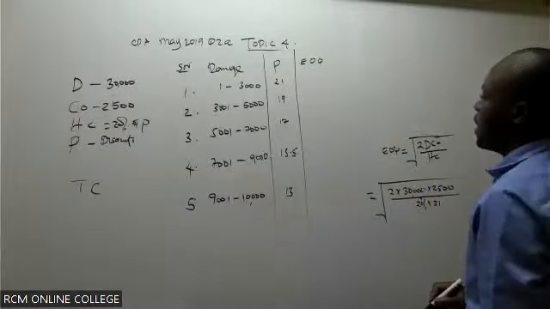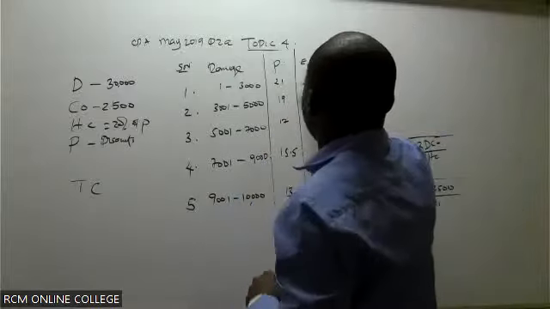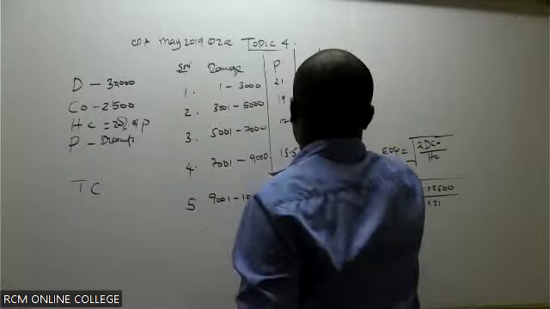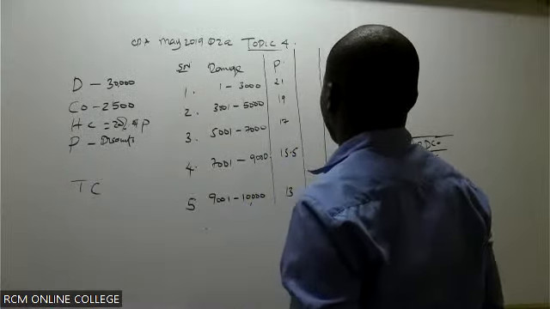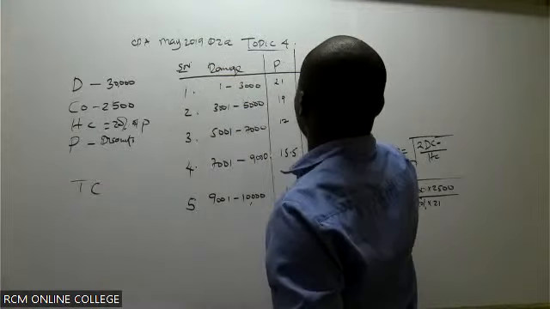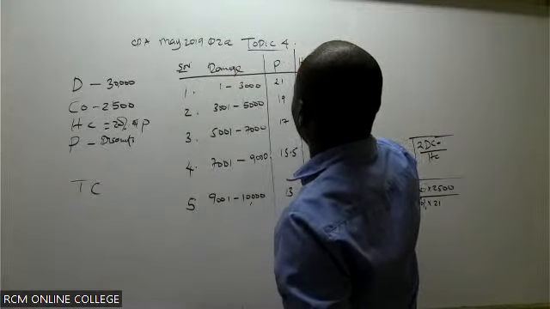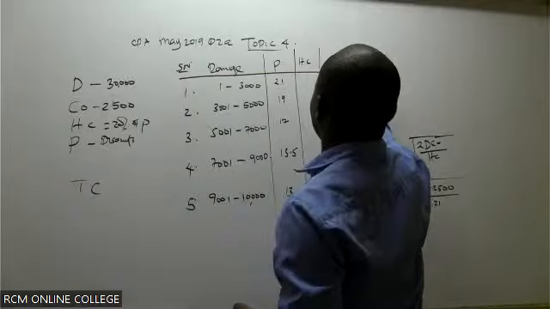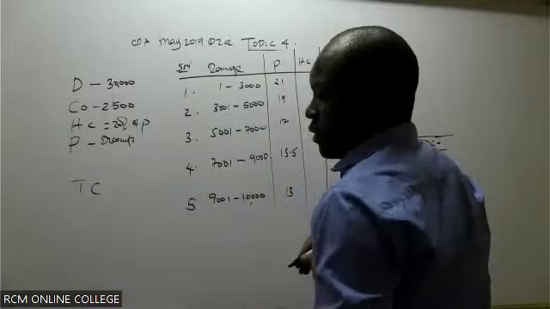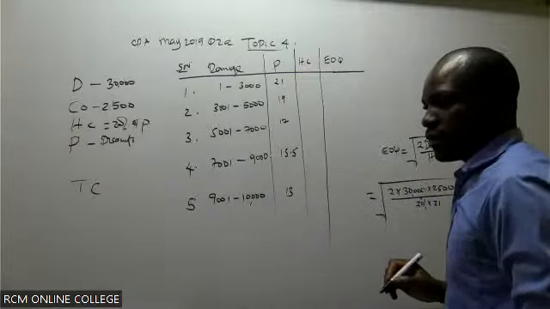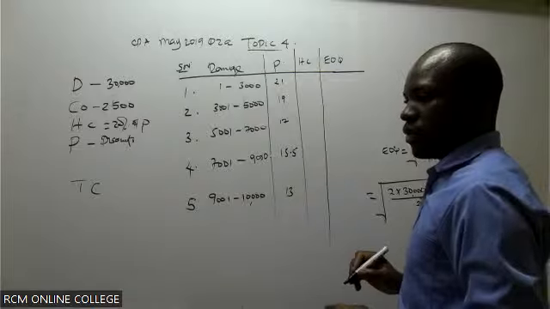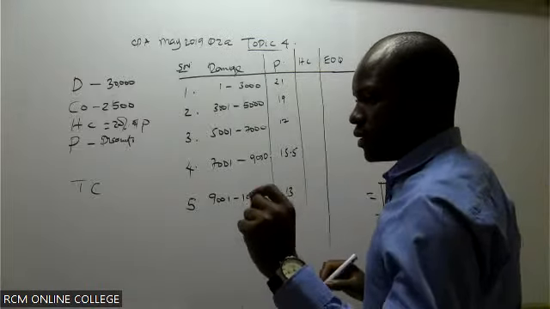Put 20%, then tell me. And I can decide to create space here for that holding cost because I'm going to use it somewhere. Then I now have my economic order quantity. Good. So if that is done, what are we getting? 59.76.